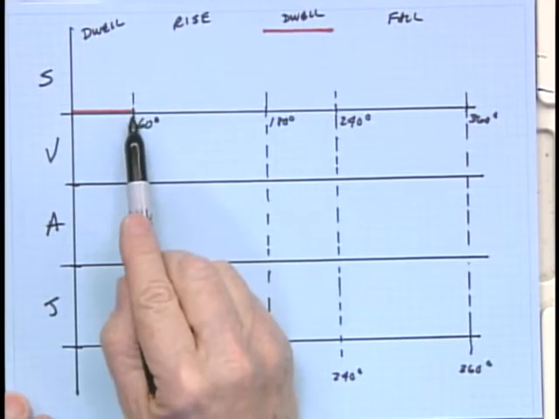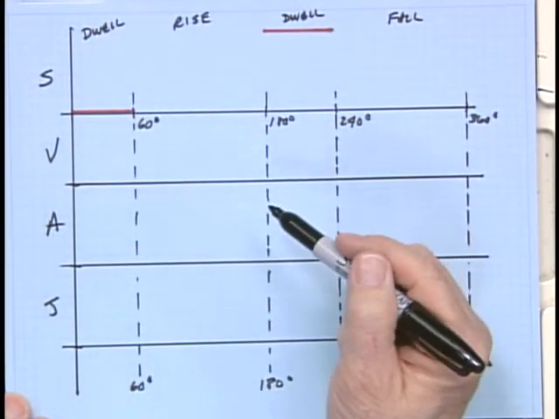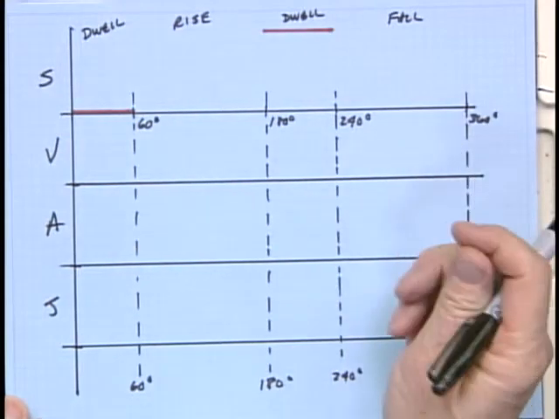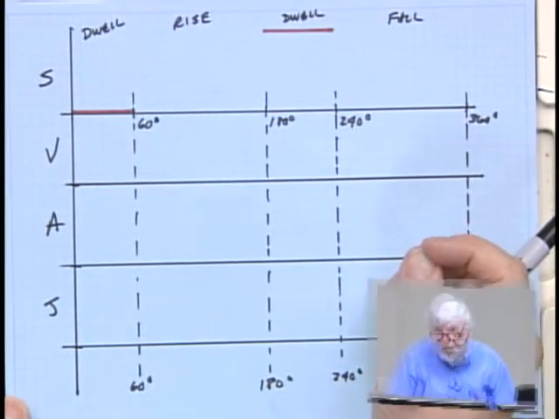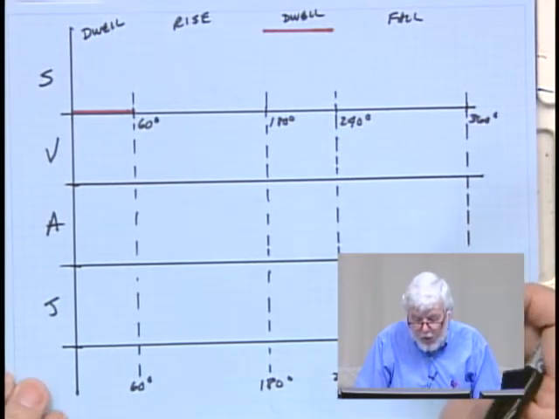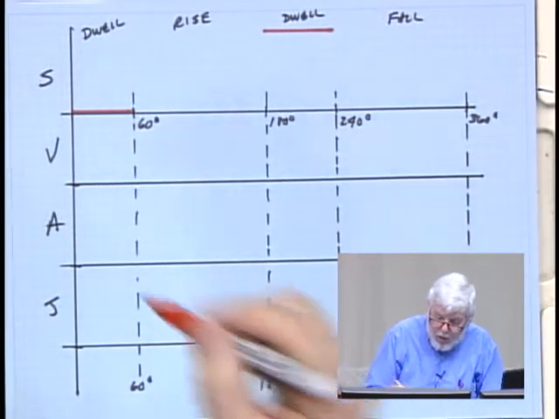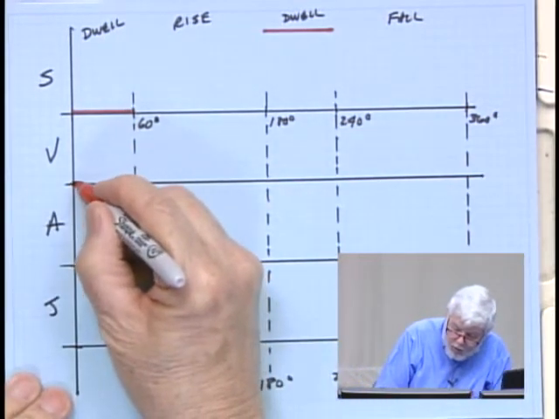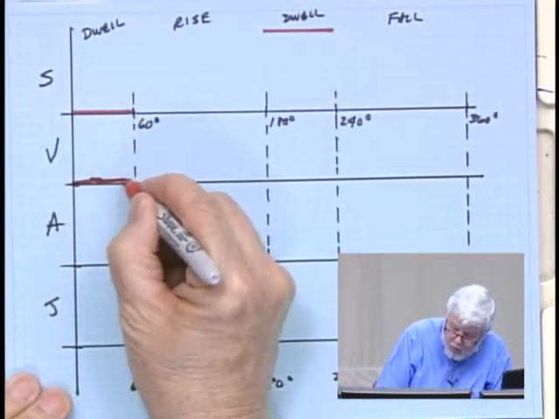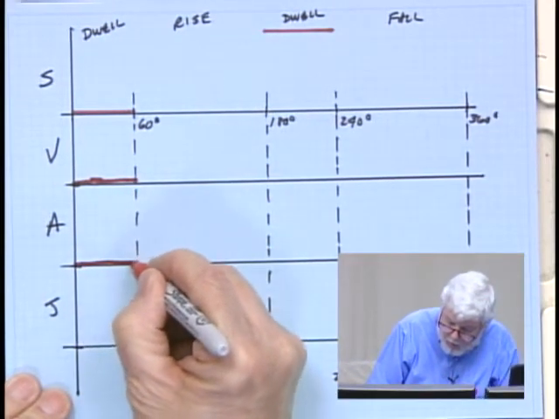I'm going to talk first about the rise, going from 0 to 120. The fundamental law of CAM design, you should recall, says you must have continuity through the second derivative, i.e. acceleration. If I draw on here what the velocity is during the dwell, it should be obvious to you the velocity is 0, as is the acceleration.